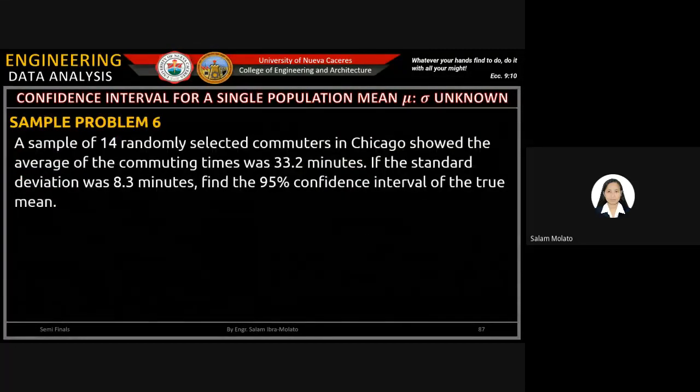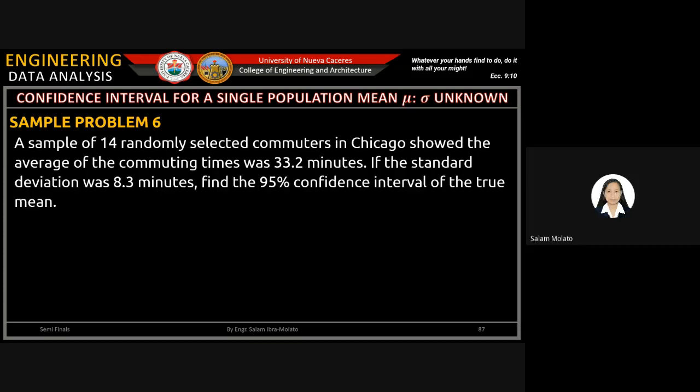All right, sample number 6. A sample of 14 randomly selected commuters in Chicago showed that the average commuting time was 33.2 minutes. If the standard deviation was 8.3 minutes, find the 95% confidence interval of the true mean. So again, let's check the problem.